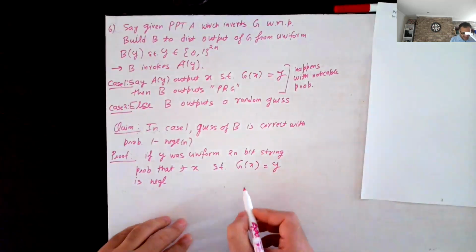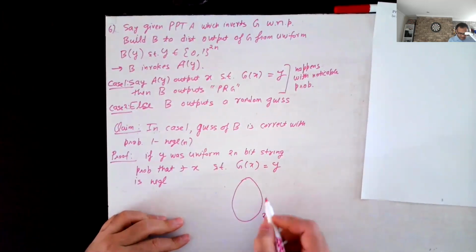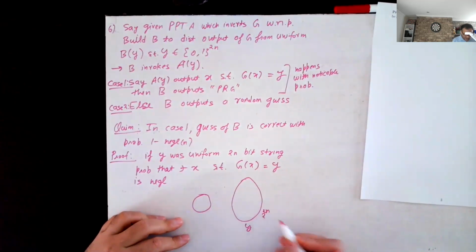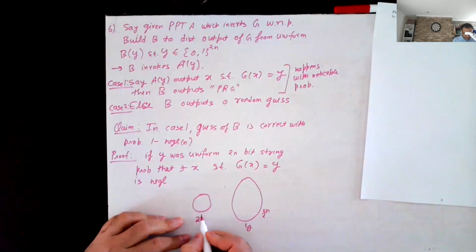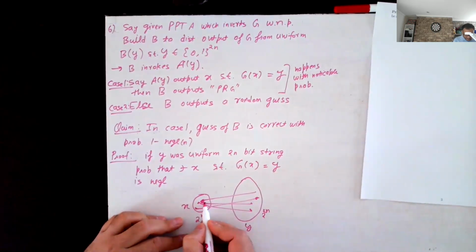And why is that? Because there are 2 to the power 2n possibilities for y, and there are 2 to the power n possibilities for x. These are different points.